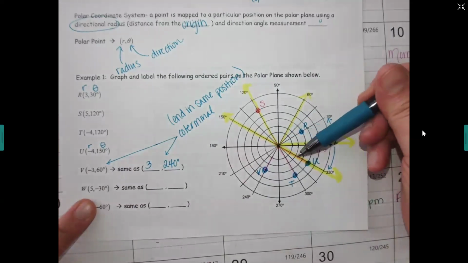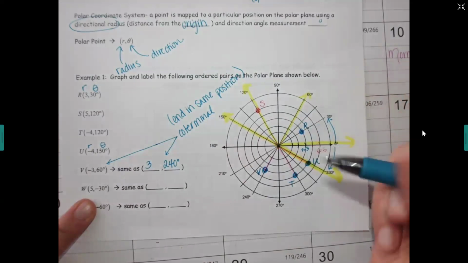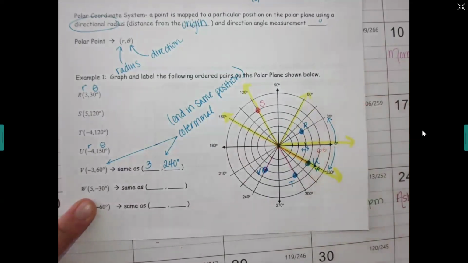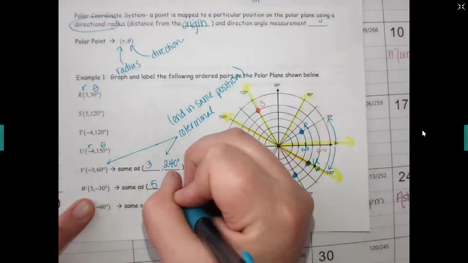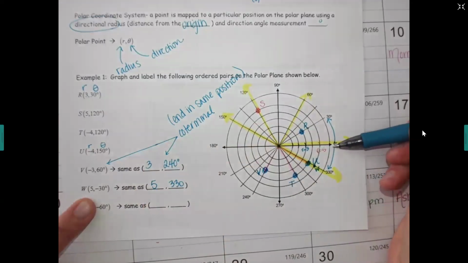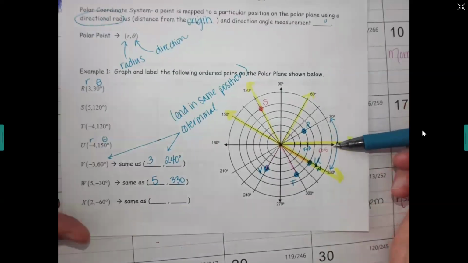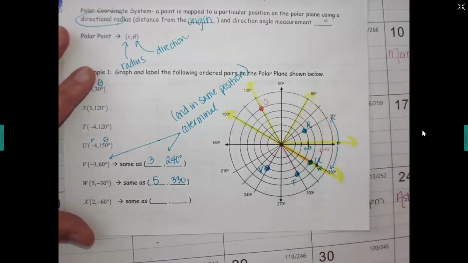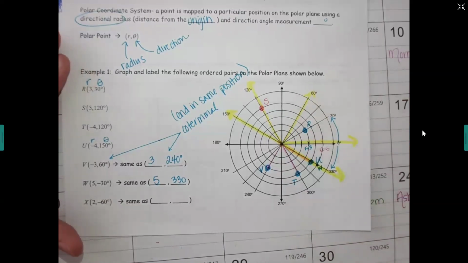That'd be 1, 2, 3, 4, 5, which would put me right here. This would be W. I could also list that as 5, 330, because I know that whether I go 30 this way or -30 this way, that's the same as 330 this way.